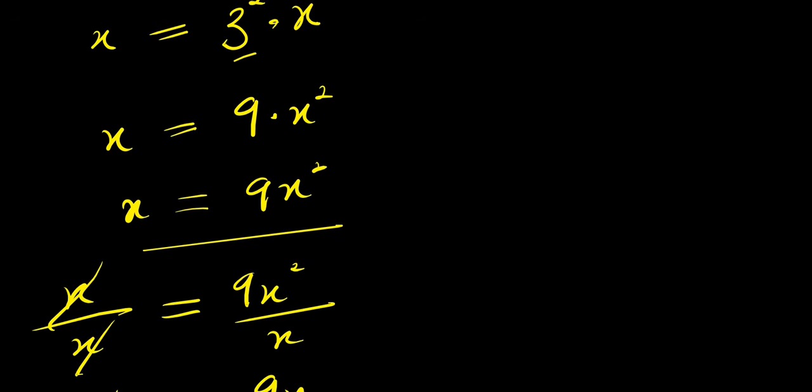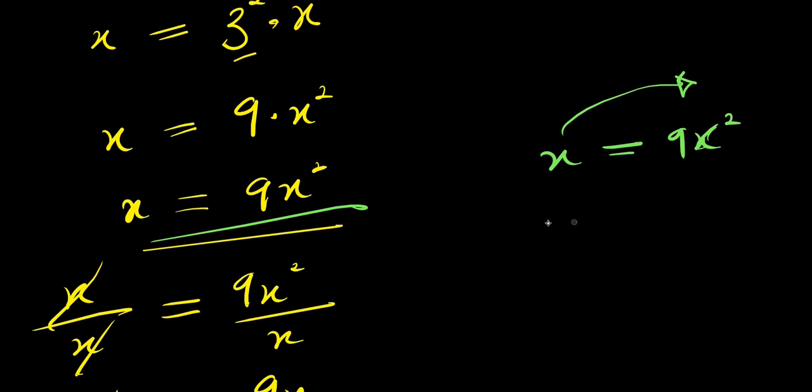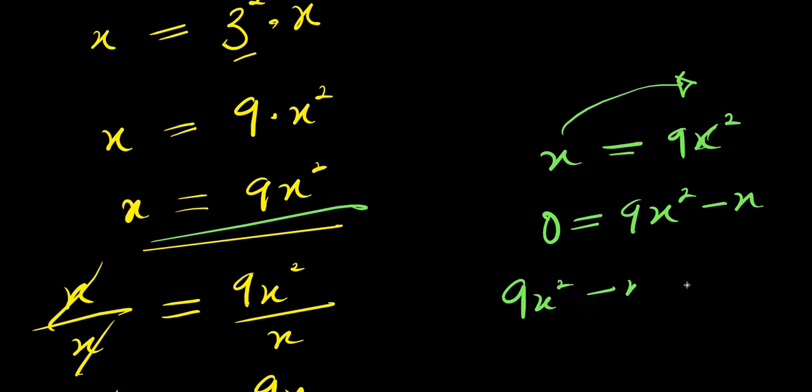Now, I can as well come back to this. If you have x equals 9x squared, I can easily form an equation by taking x over here. I have 0 equals 9x squared minus x, or you have 9x squared minus x equals 0.